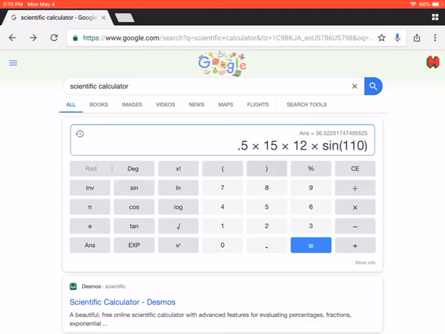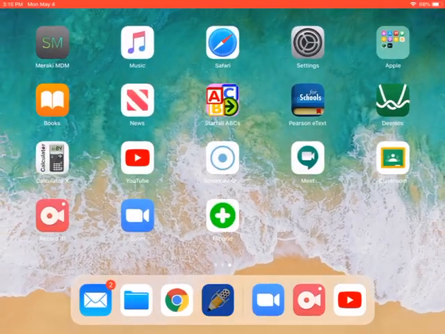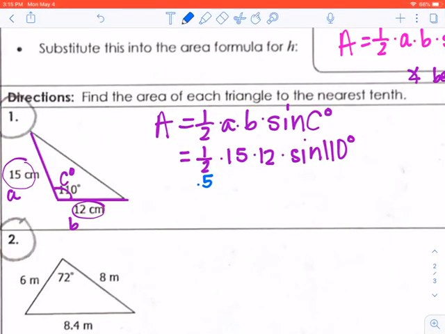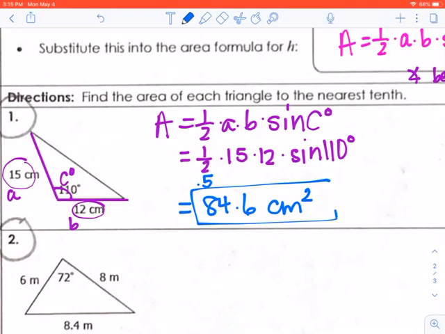So I have 1/2 times 15 times 12 times the sine of 110 equals 84.6. Round to 1 decimal. So I have this equals 84.6. We are in centimeters, so my area is centimeters squared. And that's all you're going to do for area of a triangle. It's 1/2 the two sides times the sine of the angle.